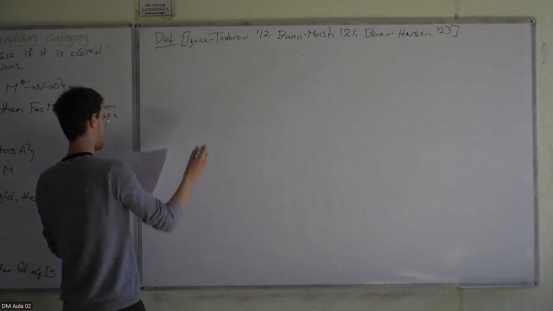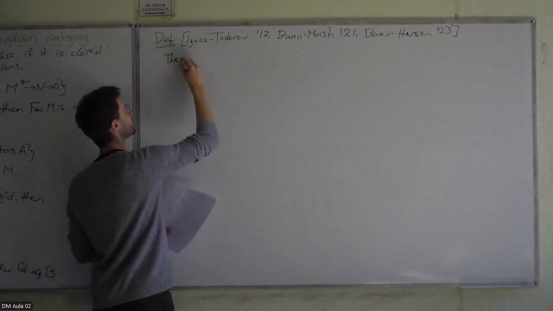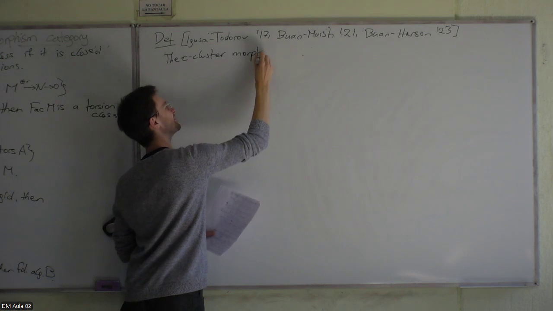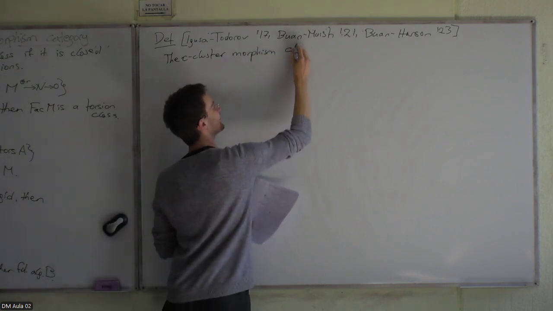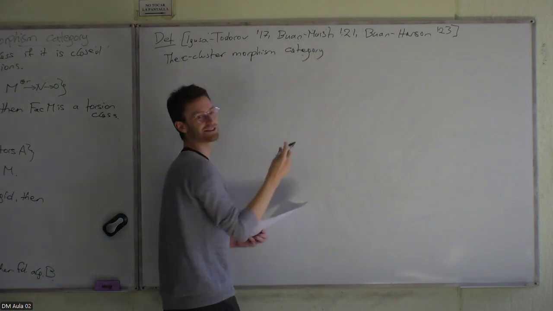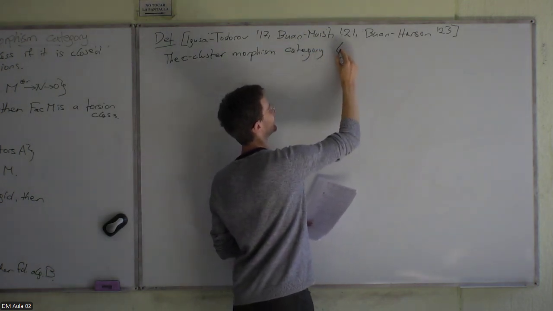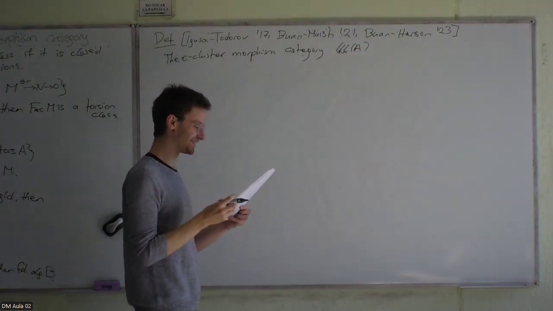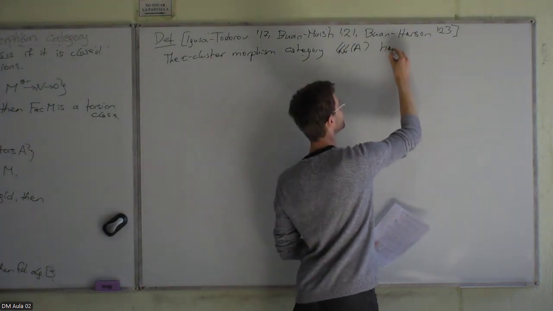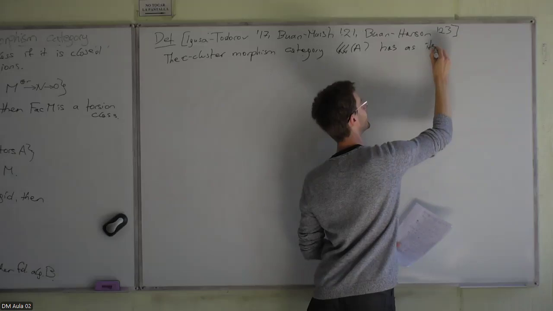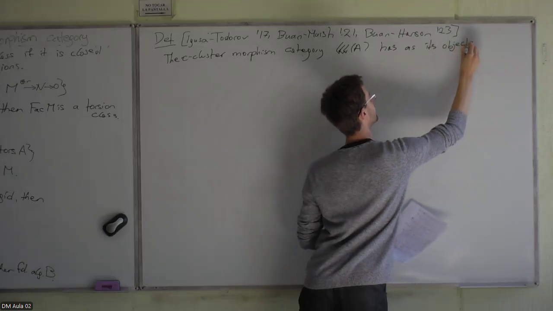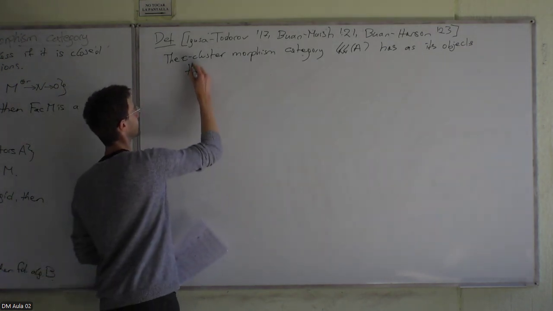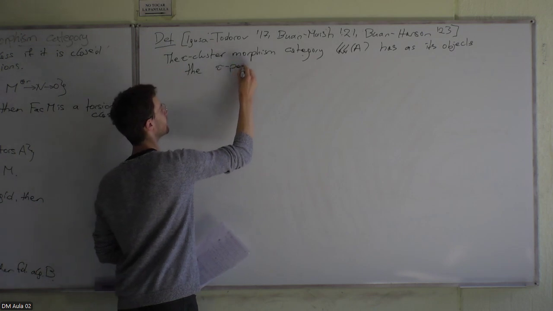And what is the tau-cluster morphism category? The tau-cluster morphism category, which I will denote by a letter that I cannot write very well by hand at all. It's supposed to be like some mathfrak W, something like this. Okay. I have to write this a few more times today. This tau-cluster morphism category has as its objects what I call tau-perpendicular categories.